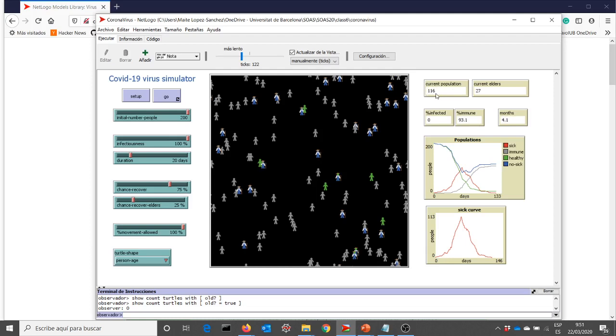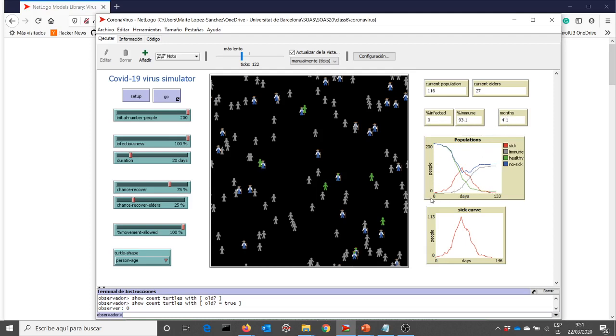So our current population has decreased to 116, and we only have 27 elders left, so less than half of the elder people. When the simulation ends, no one is infected, so we can tell the virus has stopped having effect on the population. 93 of the population was immune, and it took 4 months.